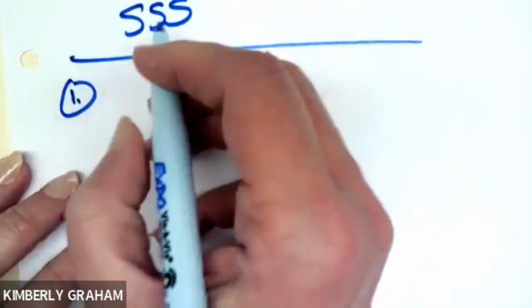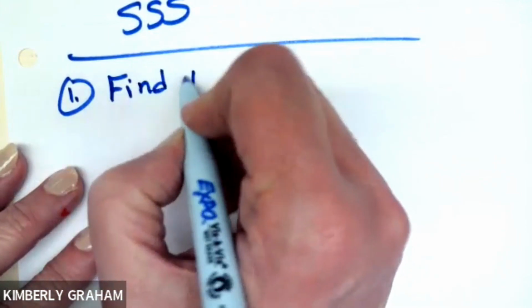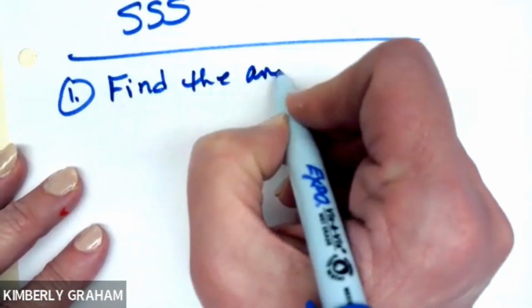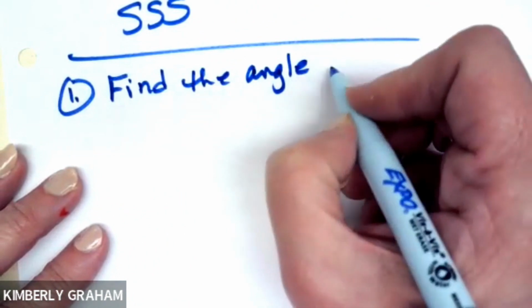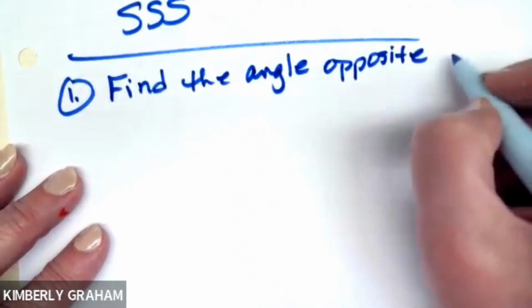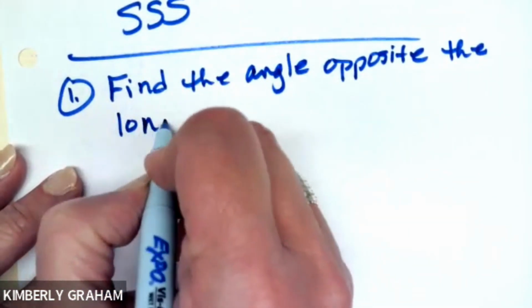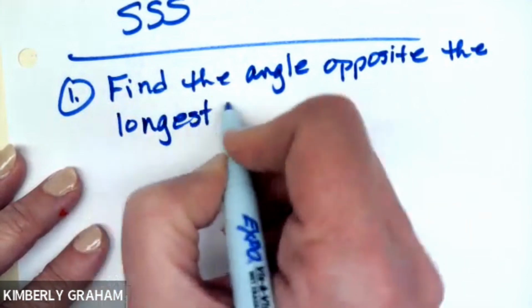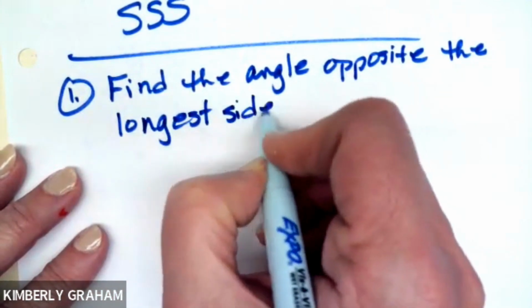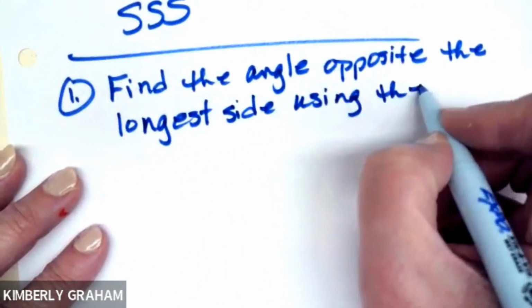Your first step here is to find the angle opposite the longest side using the law of cosines.